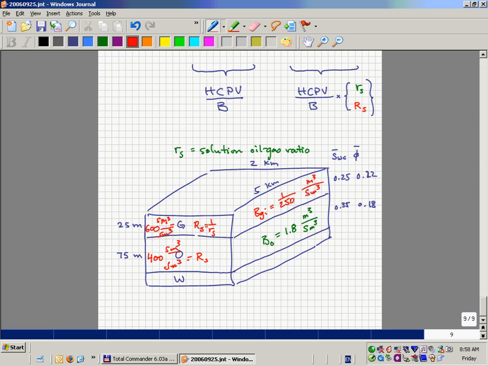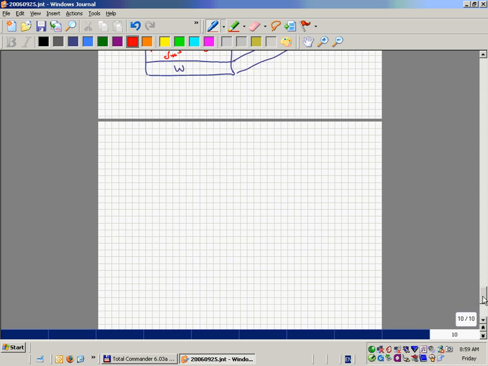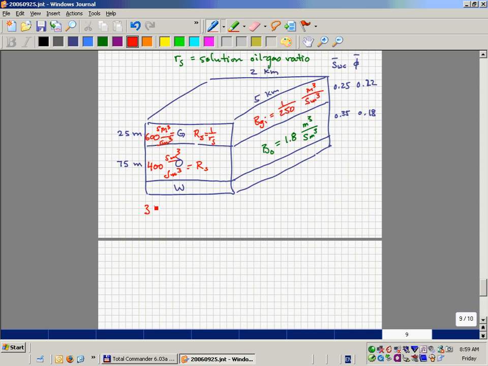Now, I've given it to you in metric units, but for you to compare with the numbers I've been talking about, Ekofisk and Frigg and everything, you might have to convert it to barrels and cubic feet. If you want to do that, there's 35.31 standard cubic feet in a standard cubic meter.